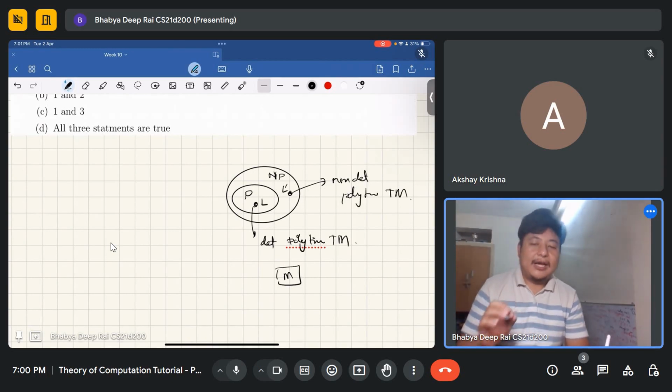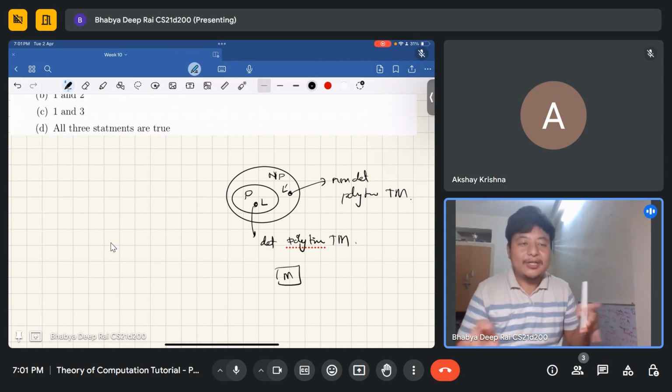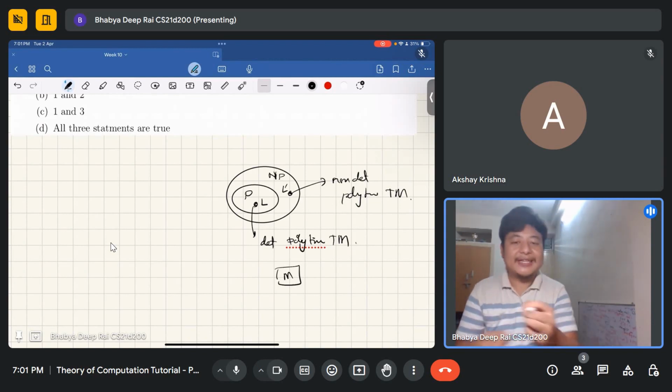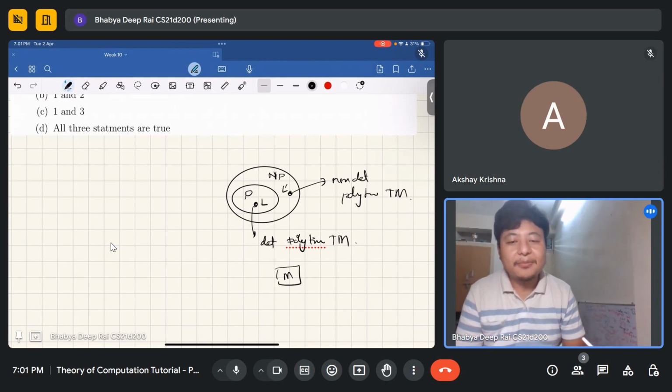Now, for any non-deterministic Turing machine, let's say I don't make use of my non-deterministic power at all. I don't make any non-deterministic choices on the way. What is non-determinism? Non-determinism means I have the power of guessing. I can move into several configurations at the same time. Let's say I don't use my power, I just go one by one. I form a deterministic polynomial time Turing machine.